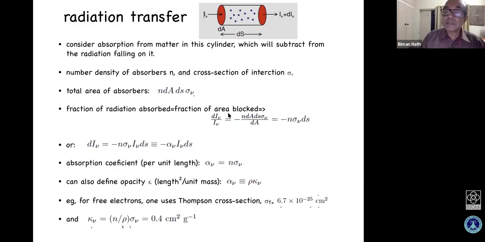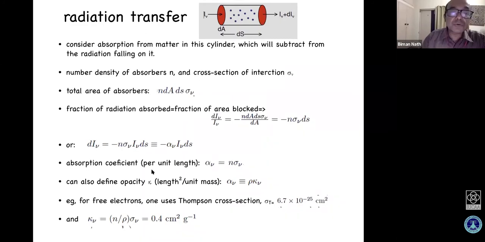Then I can say that, okay, this will be the fraction of radiation that will go away from my I_ν. So there will be a negative sign here, right? And as you can see, dA will cancel out. It will not depend on the area, and this will depend on the ds. In other words, I can then write an equation: dI_ν is going to be minus n times σ_ν times I_ν ds.